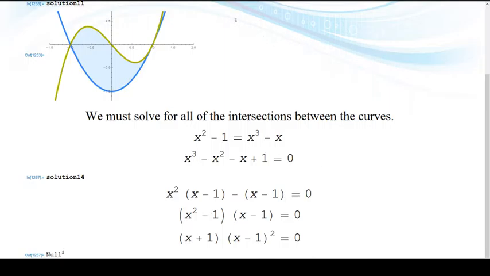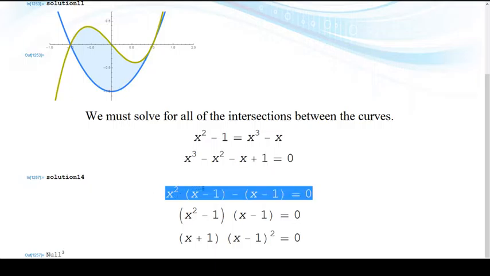Well, the first thing we notice is that on the first two terms we can factor out an x squared, and on these last two terms we can factor out a negative 1, leaving us with x squared times x minus 1, minus x minus 1.